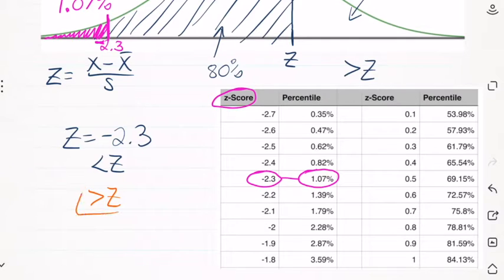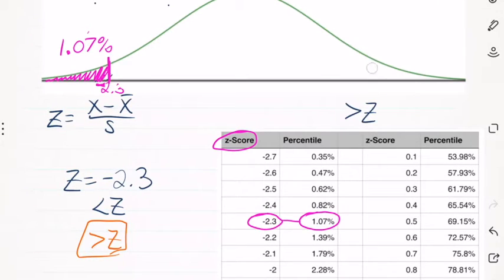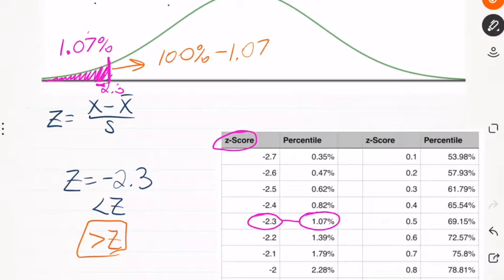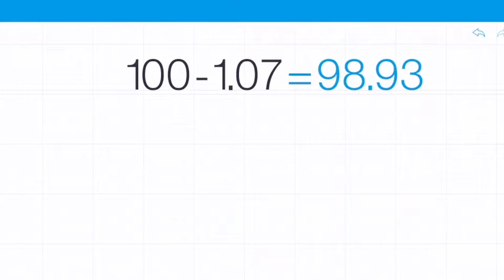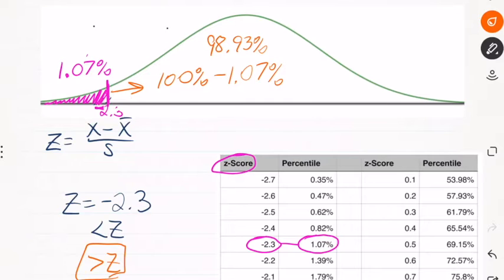Now, what does that mean about bigger than z? Well, there are two ways to go about it. Number one, we know that the bottom portion is 1.07%. So the top portion, since the whole thing has to add up to 100%, has to be 100% minus 1.07%, because the two halves have to add up to 100. 100 minus 1.07 is 98.93%.